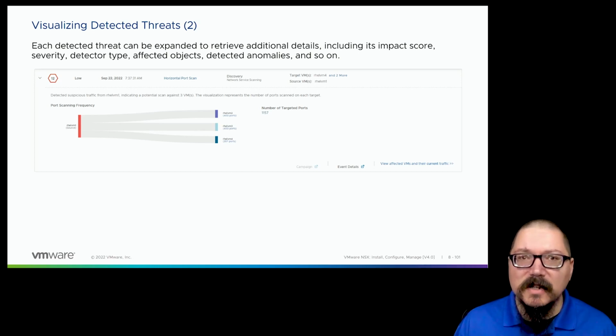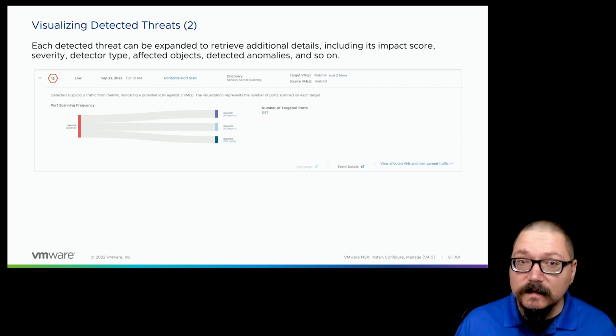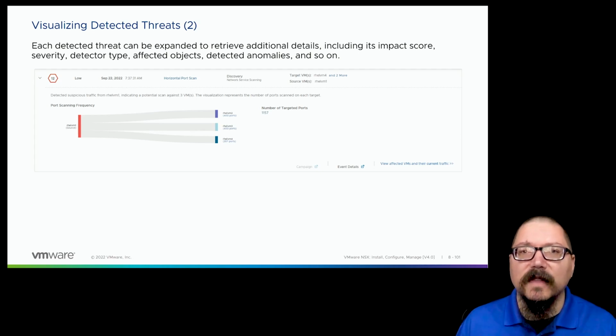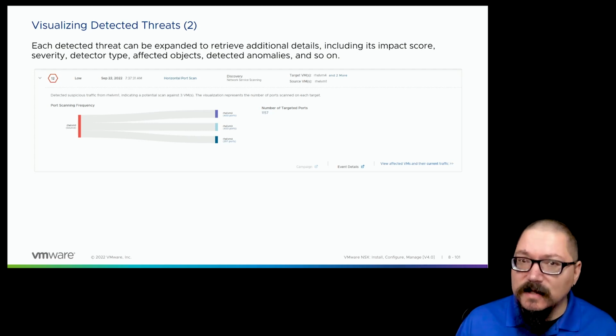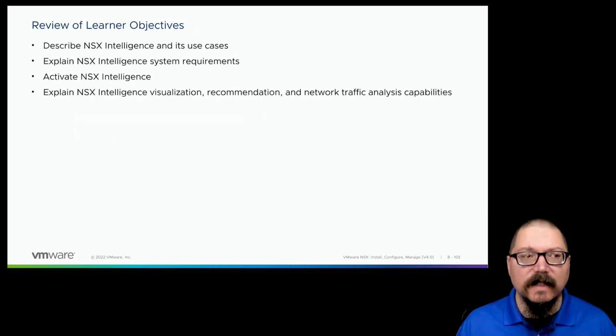We're giving you different information about why this particular detector was chosen. So, we'll tell you why we triggered that. And it's up to you administratively to go act on that if you think that's a problem, right? Again, suspicious traffic detection in NSX Intelligence is simply that. It's detection. It's a notification, and it's not going to actively do anything.